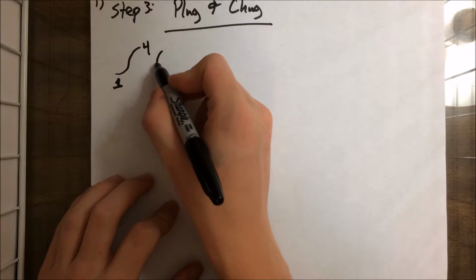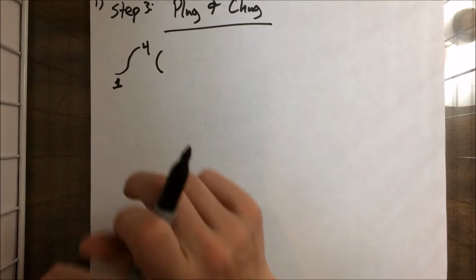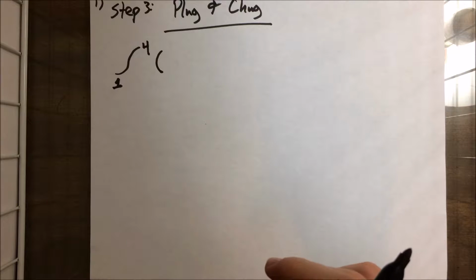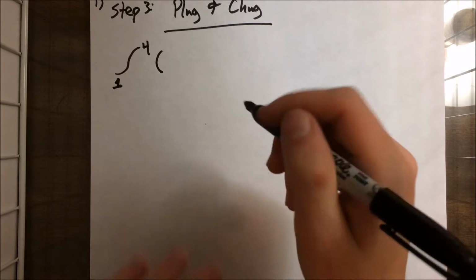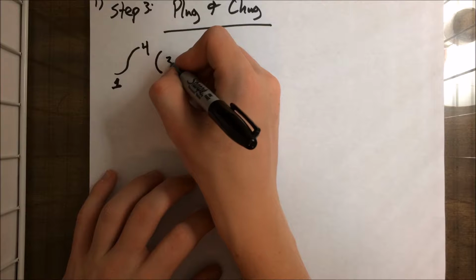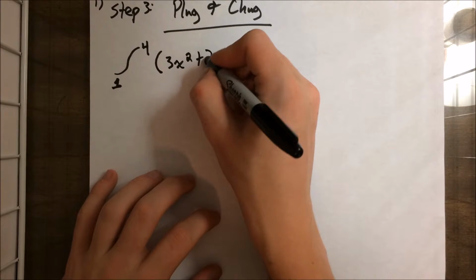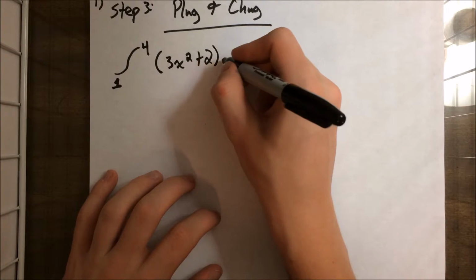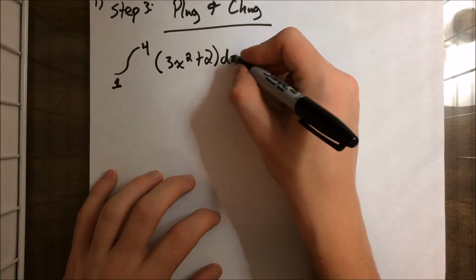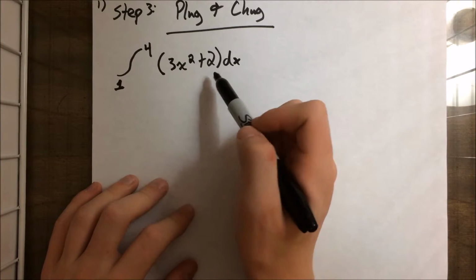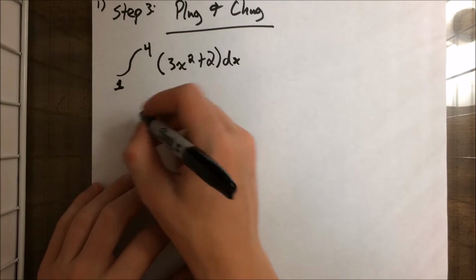So we have the equation, the function 3x squared plus 2 dx, and to solve, remember, we take the integral of the function first.